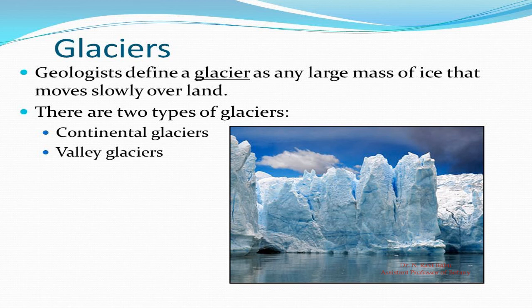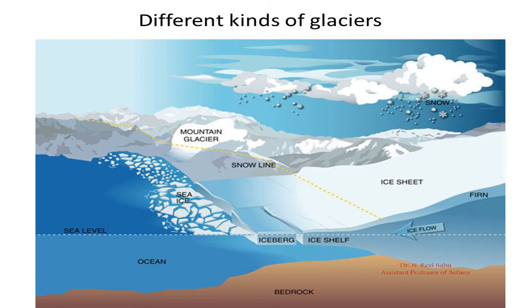Friends, make a note, Piedmont Glacier is the glacier formed due to coalescence of several mountain glaciers at the foothill zone. Example, the Malaspina Glacier of Alaska, United States of America. Of course, the mountain glacier is the body of ice moving downslope under the impact of gravity.